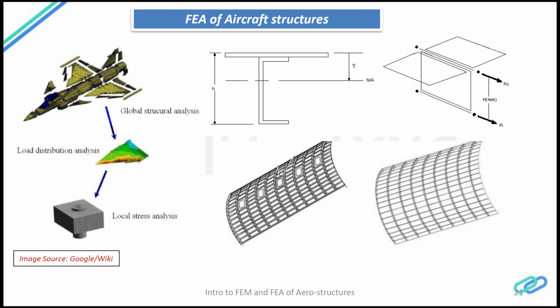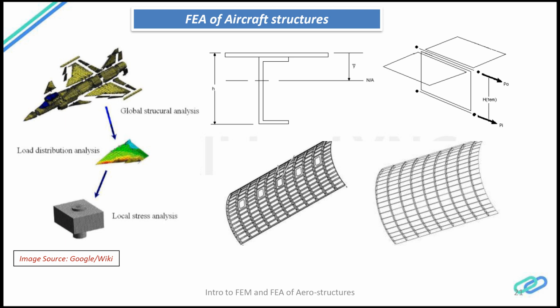So in such a case, more and more finer mesh and higher order elements and capabilities will be used just to accurately represent the stiffness and then to extract the results.